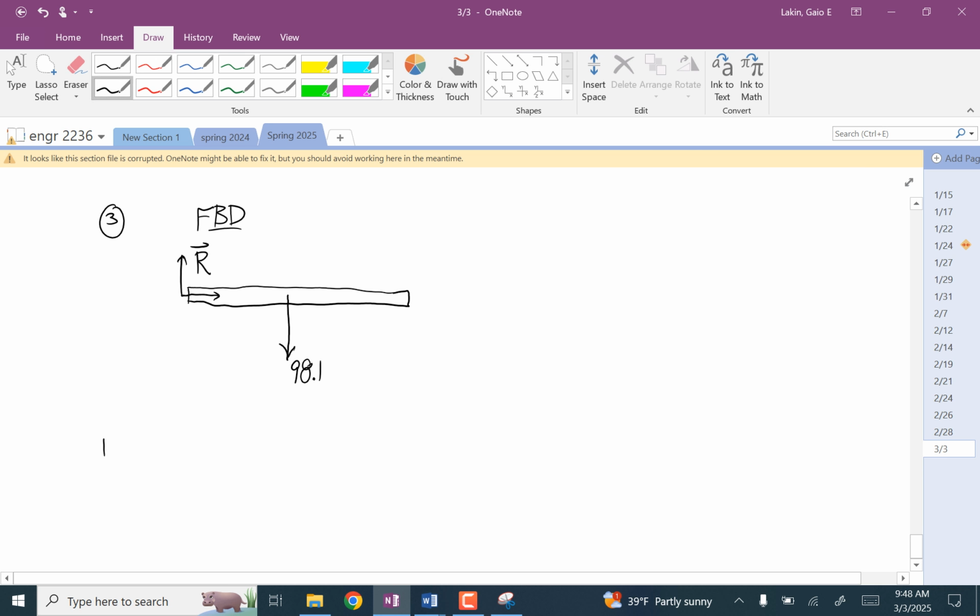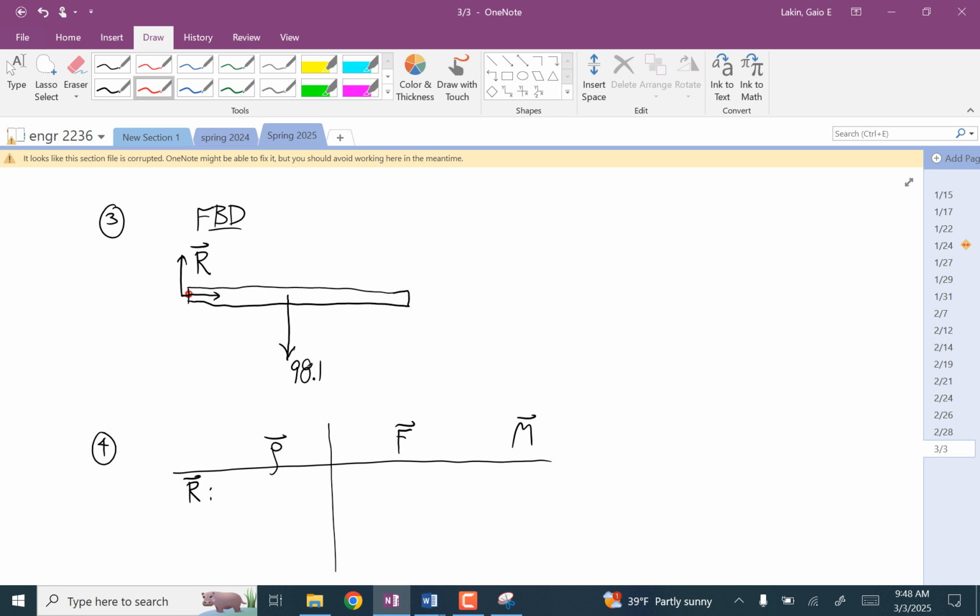And so now we can start filling out the table. Okay, I'll start with the force R. So our about point, I'm just going to put a dot here showing where the about point is. The about point has to be where you chose it in step 1.